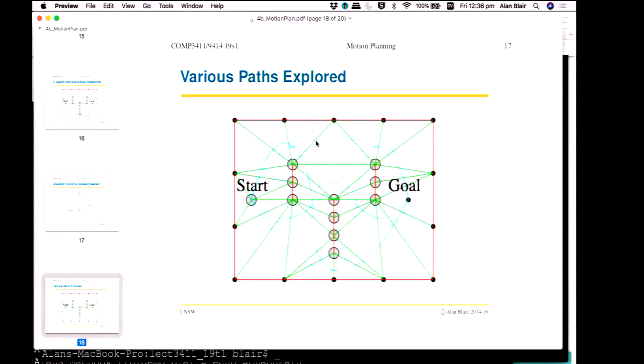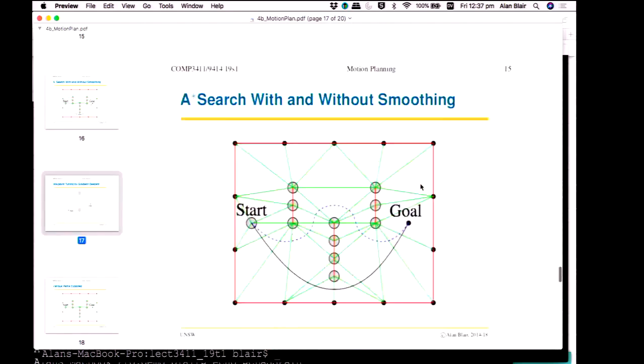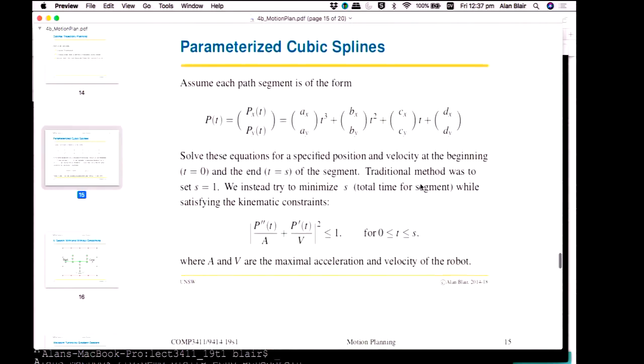Good question. I think it's a straight line to the goal at the maximum velocity.